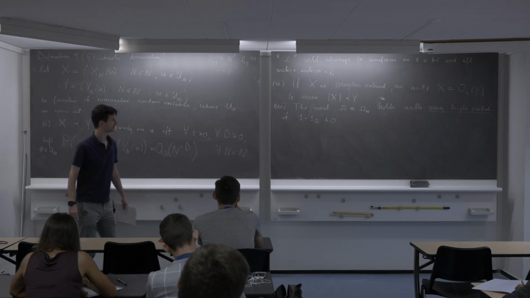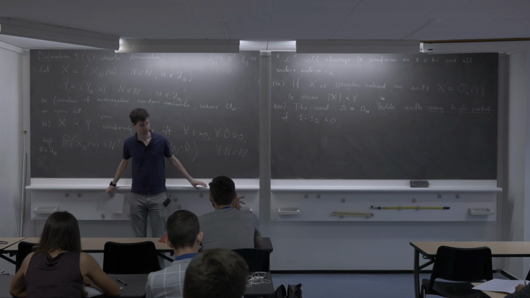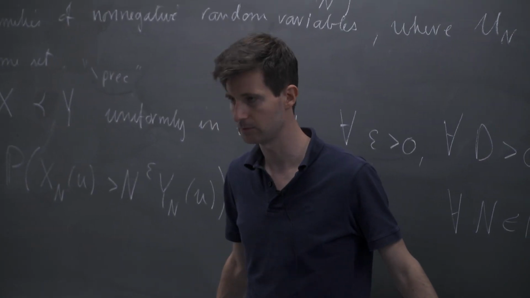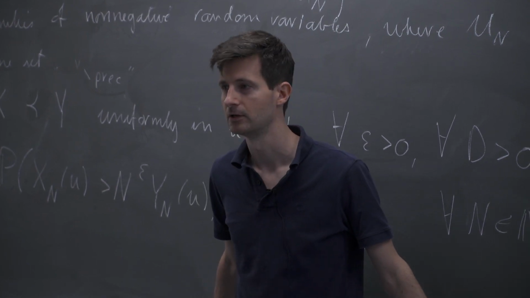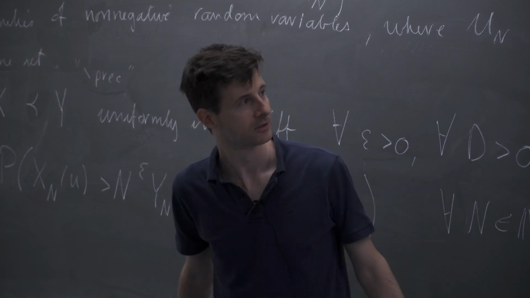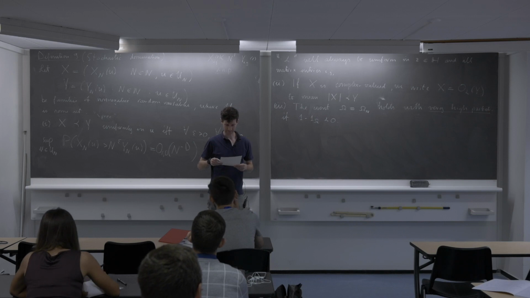Good, thanks. If you read in the literature, some authors call this notion of very high probability overwhelming probability. I just find the word unpleasant and also misleading, so I usually use this terminology.